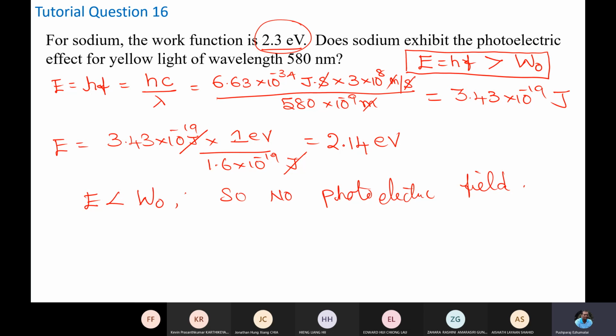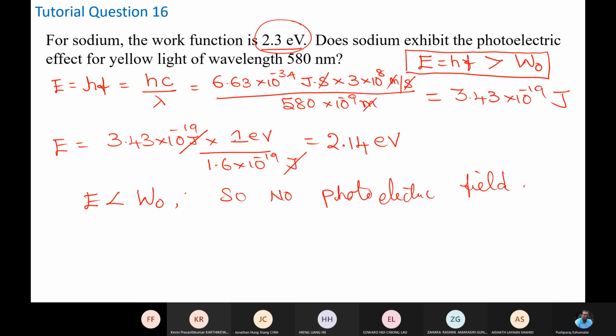We can prove that this incident photon does not produce the photoelectric effect because the energy is less than the work function of the sodium. So we won't get any photoelectric effect.